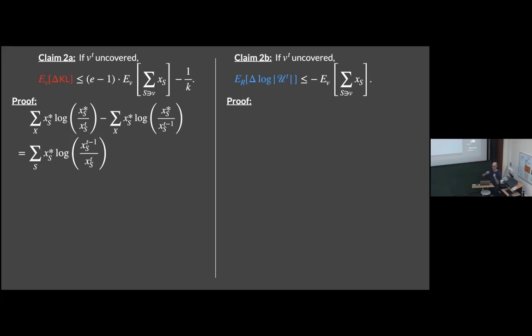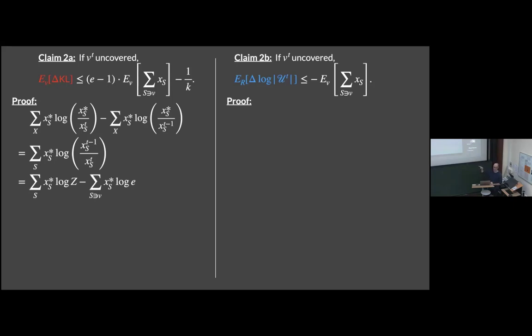Well, if the set S contained the arriving element, I give it a boost of E. But in any case, whether or not it contains the element, I divide it by the normalizing factor Z. So the normalizing factor should be in the numerator of this ratio, and the E should be in the denominator, but only for sets containing V. So I get the sum over S of X star S log Z minus the sum over S containing V of X star S log E. Now, log Z no longer depends on S.